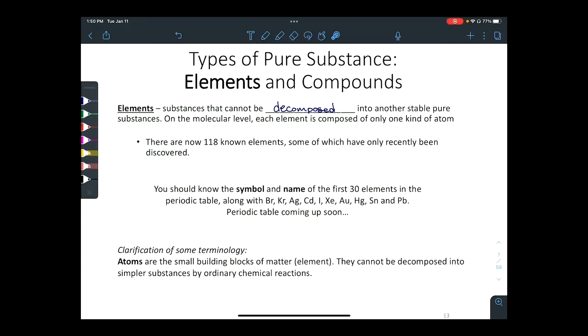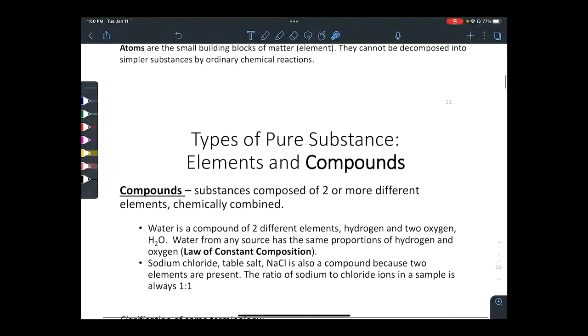It's the single simplest unit of an element. So what is the definition I use? The smallest building block of matter. You can't decompose it any simpler using chemical reactions, because if you split an atom, you actually split it into subatomic particles, lower than atomic, like electrons, protons, neutrons, etc.